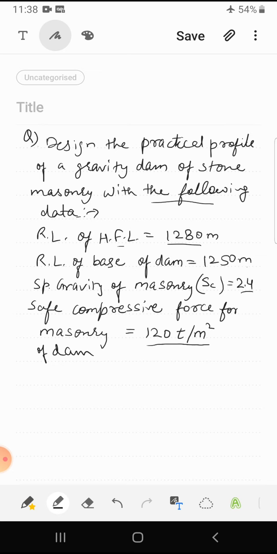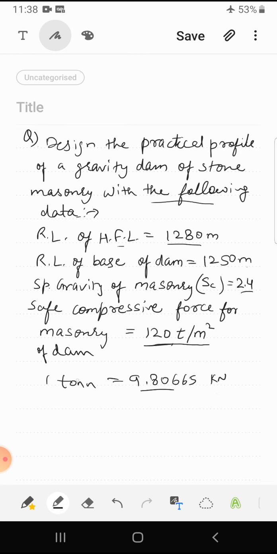First we have to convert the units. We know that 1 ton is equal to 9.80665 kilonewton. By multiplying 120 with 9.80665, we can convert ton per meter square into kilonewton per meter square.